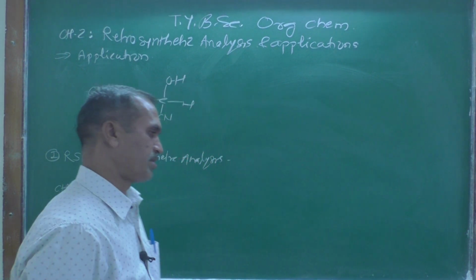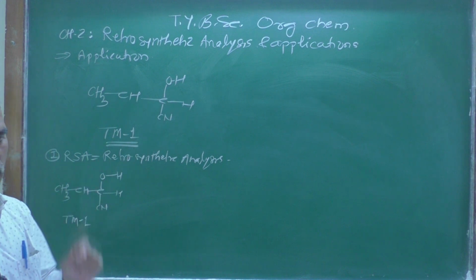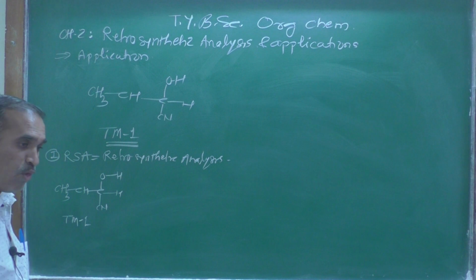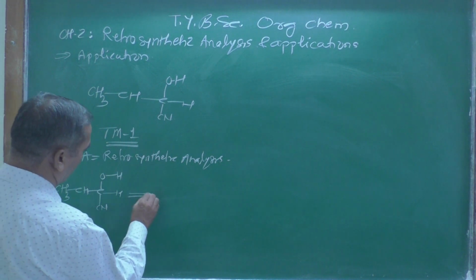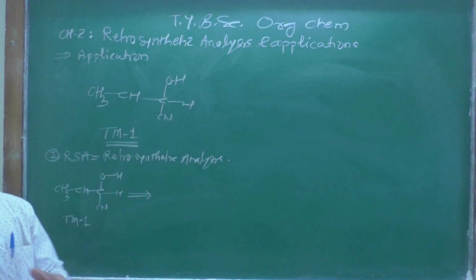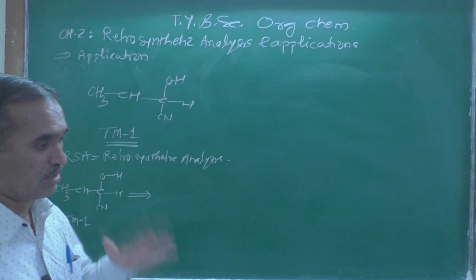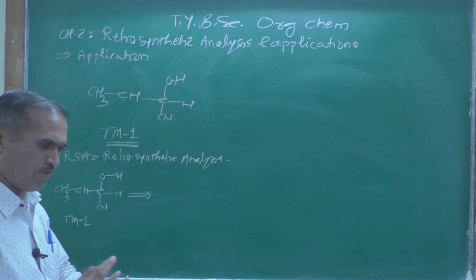So observe this retrosynthetic approach carefully, and after that you can do your own. It is very simple, because you are looking at this for the first time, that's why it looks difficult. But once you are familiar with retrosynthesis, it is very easy.